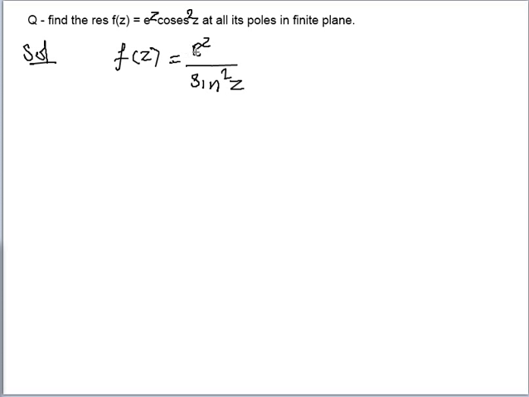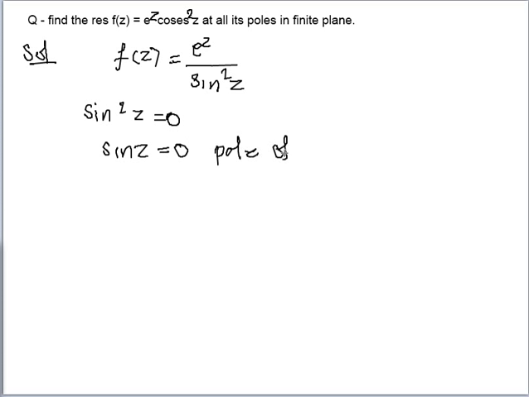Now make the denominator equal to 0. So when we make sine square z equal to 0, the value of sine is 0 for all n pi, and the order is 2, because sine z equal to 0 is repeated 2 times, so it is a pole of order 2.